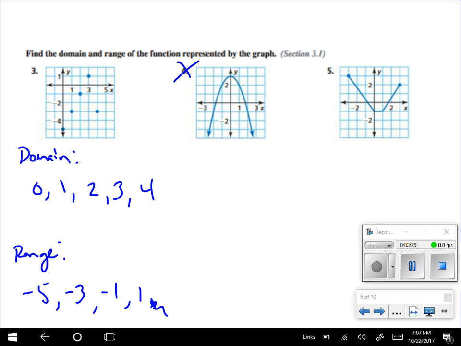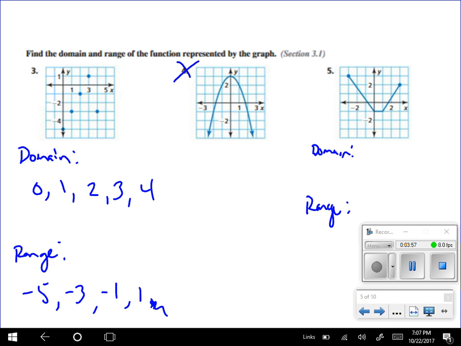You could just list out your ordered pairs, list the x values as the domain, the y values as the range. But when we have a continuous graph like number 5, we have to list all possible values. So when it's continuous, we have to think about what's in between, in this case 3 and 2. We have to include all those because the graph includes all those. So we have to include everything.